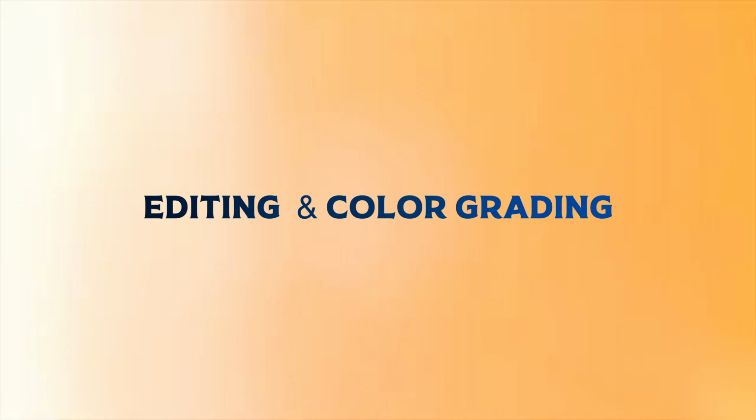Moving forward to tip number 4, and this is, in my opinion, one of the most important things that will make your videos look more cinematic: editing and color grading. This is what I do. I choose the music. A lot of the times, not all the time, I have the music that I'm going to use on my edits before the edit, because that gives me an idea of the mood and the pace that I'm trying to use on my video and what I'm recording, right?